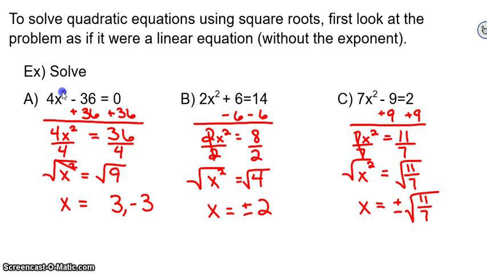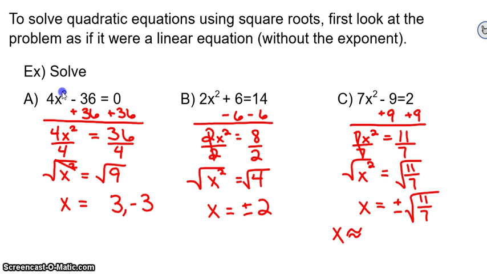Now, on your homework, your math book is going to ask you to find the decimal approximations for those. And so you're going to pick up your calculator, and you're going to actually find what the square root of 11/7 is.